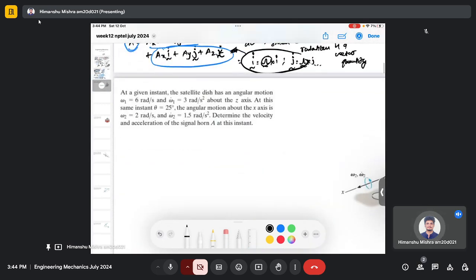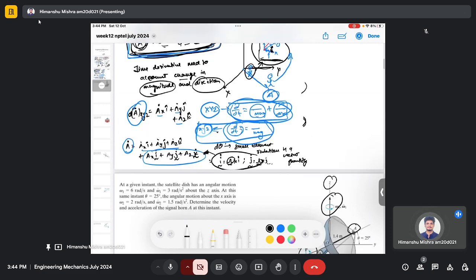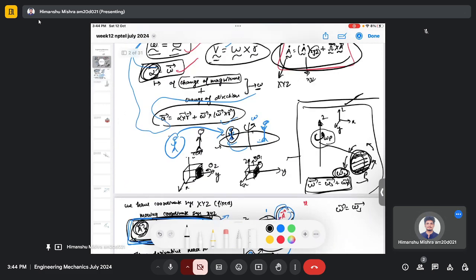So in this question we are given a satellite dish which has angular velocity omega 1 here, 6 rad per second, as well as angular acceleration 3 rad per second squared about the z axis, and it also has angular motion about the x axis, with angular velocity and angular acceleration. Determine the velocity and acceleration of signal horn A at this instant. It is a very similar problem to the one we have briefly reviewed.